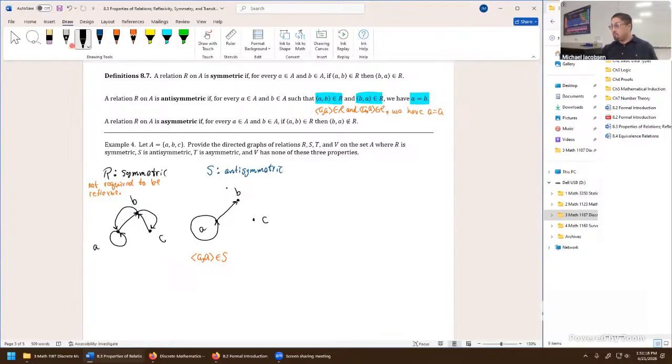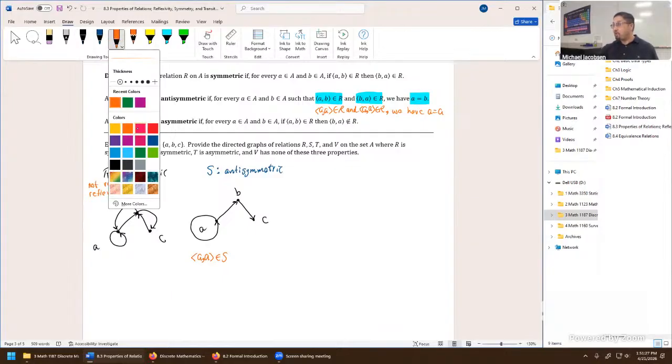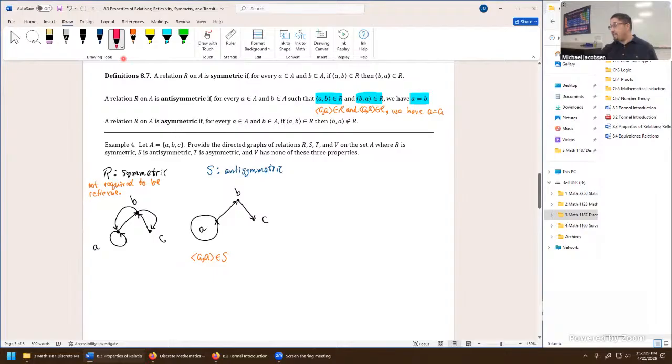So if we ended here, maybe put down one more arrow. This would do the job. It's antisymmetric, but we have a problem the moment we do this. Our definitions are in conflict if I put down anything that loops back from non-equal entries in the set.